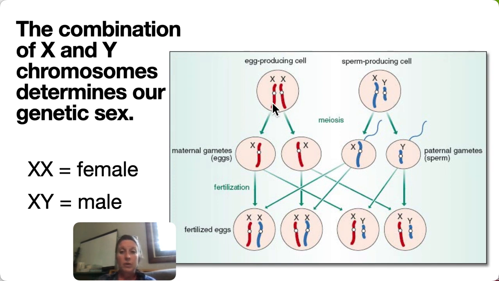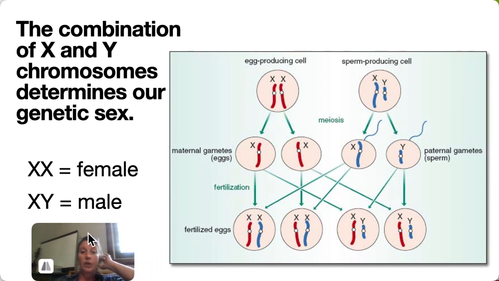The mother, or person with two X chromosomes, can only give an X. The father has an X and a Y, and therefore it is the father that determines the sex of the offspring. I find this interesting because King Henry VIII is well known for divorcing, beheading, or just imprisoning many of his wives because they couldn't produce a male heir.